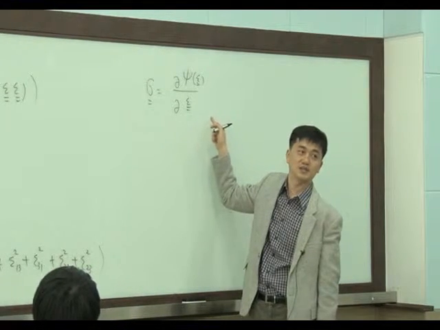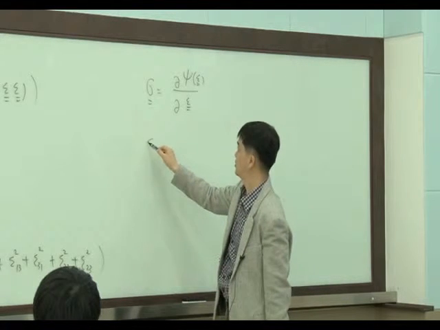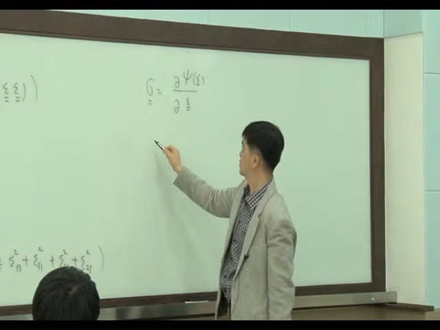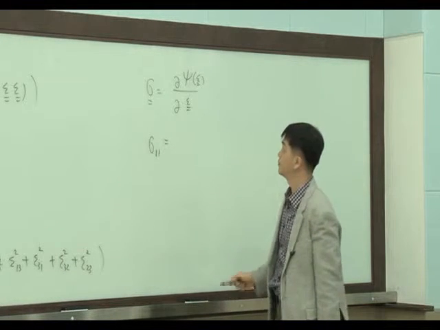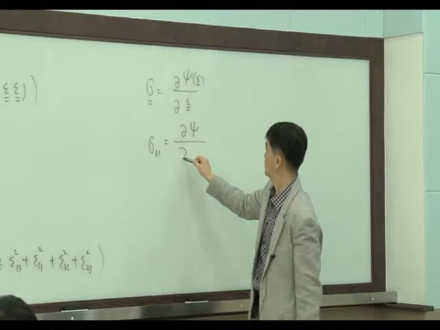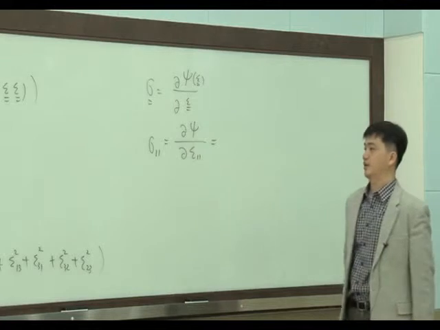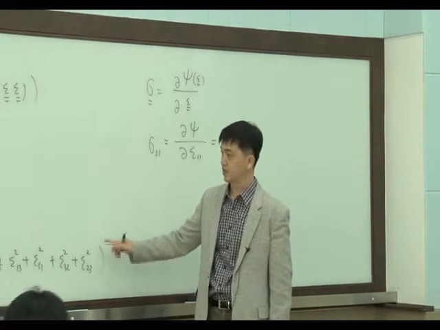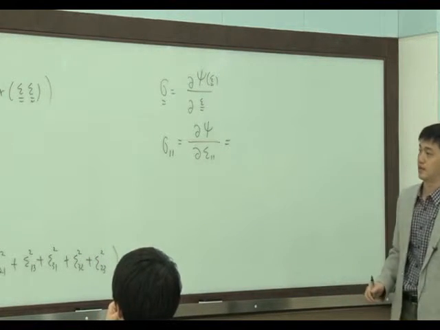You never tried to do this, right? But this is actually simple. For example, let me do that. The stress sigma 11 equals the derivative of the free energy with respect to strain 11. Let's take the derivative of this equation about strain 11. What can you find?